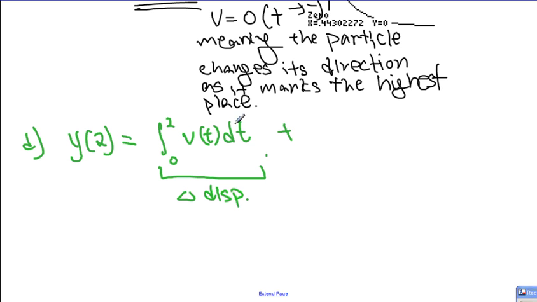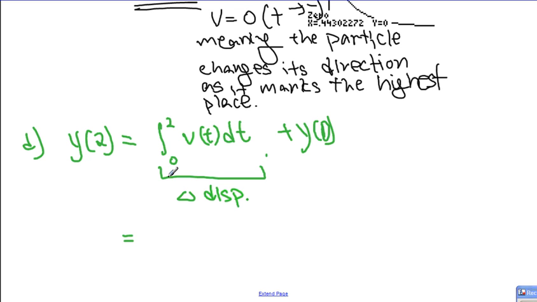But this has to be added on to y sub 0, because when t was equal to 0, where was the particle? When you add on the displacement, whatever happened from 0 to 2, that would give the position of the particle when time is equal to 2.